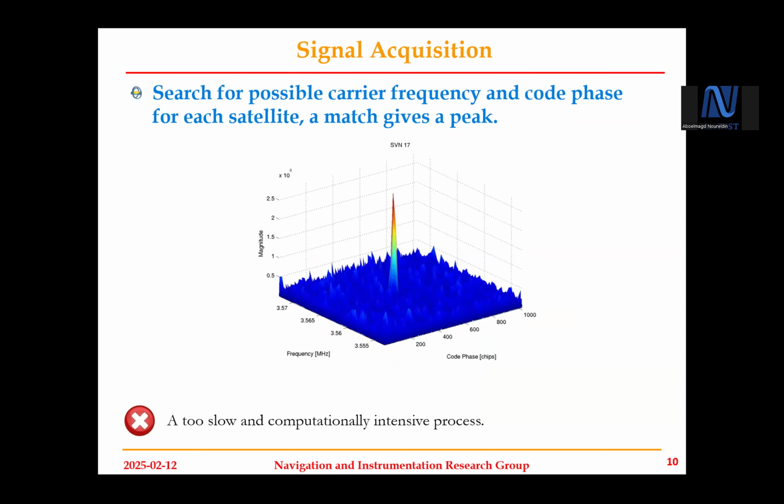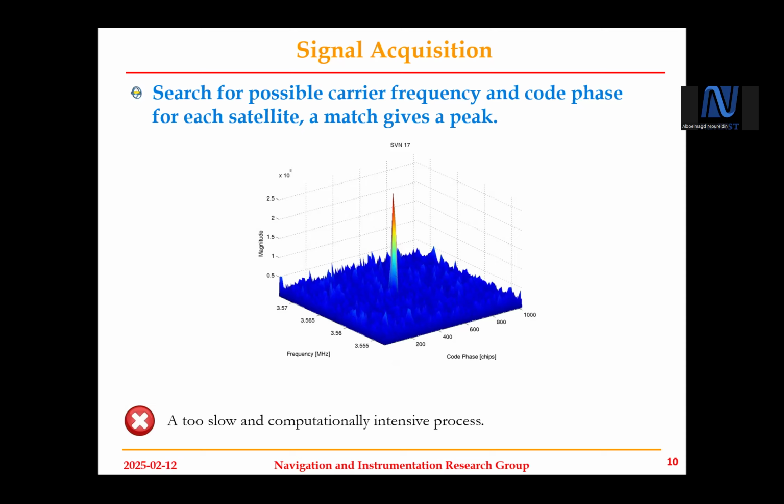So to find if a satellite signal is present, we need to apply the acquisition step or process. Signal acquisition involves searching for the carrier and the code phase of each satellite.